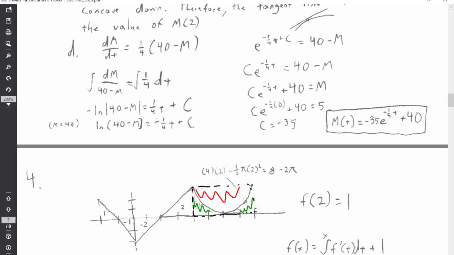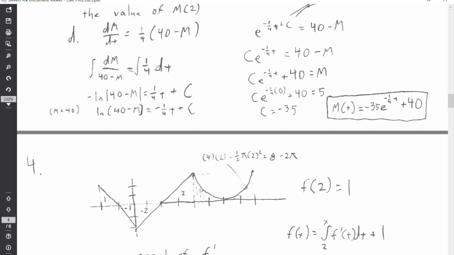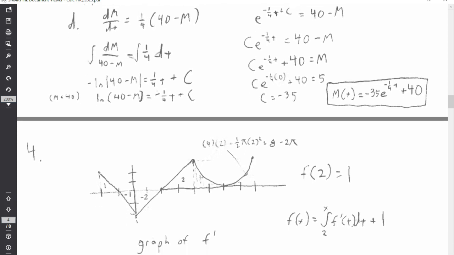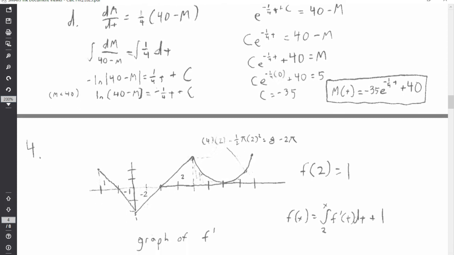So rectangle minus the semicircle gives me that area of 8 minus 2 pi. We're also told that f of 2 equals 1. So if I wanted to write the function, it's the integral from 2 to x, so that when I plug in 2, this integral is 0, and then plus 1, because I want f of 2 to be 1.